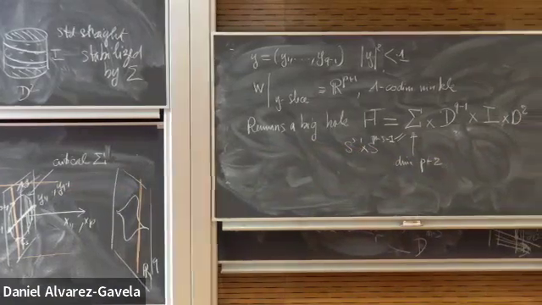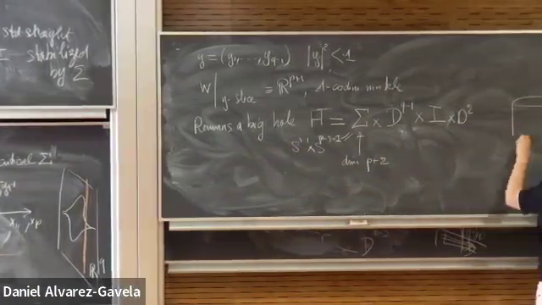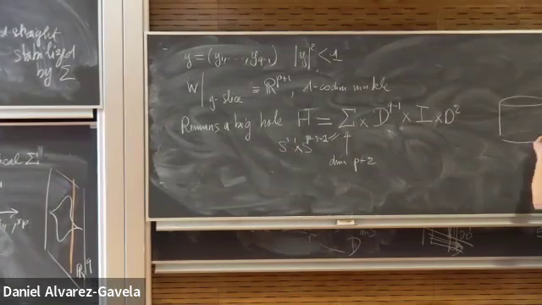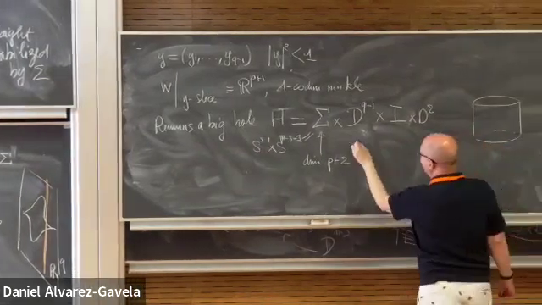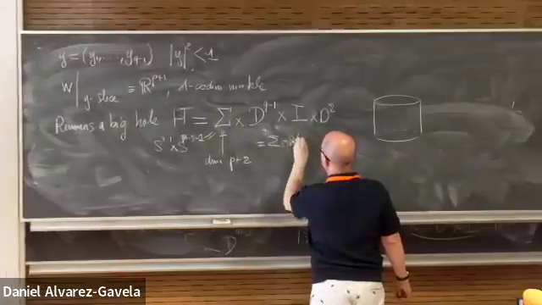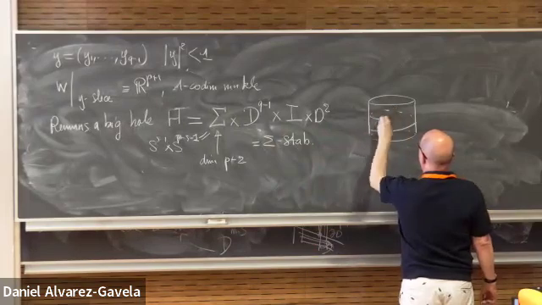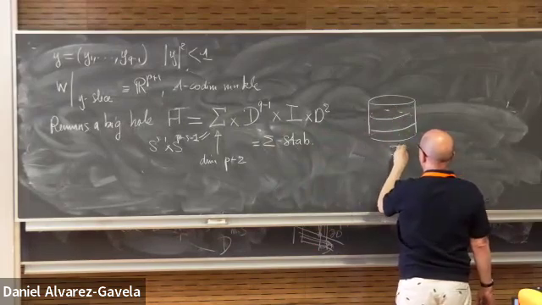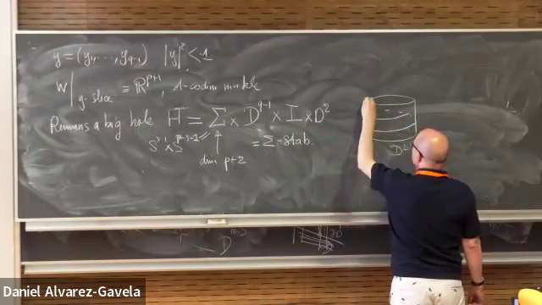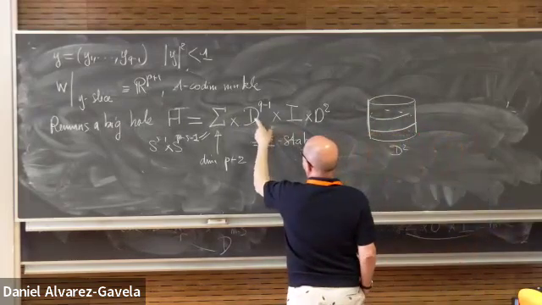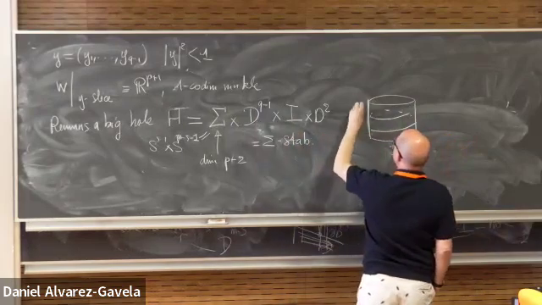And in fact, it has the following form. Naturally, it's a kind of straight hole, but it's the sigma stabilization of a kind of straight hole, but whose vertical, instead of the interval, is now the interval cross D to the q minus 1.